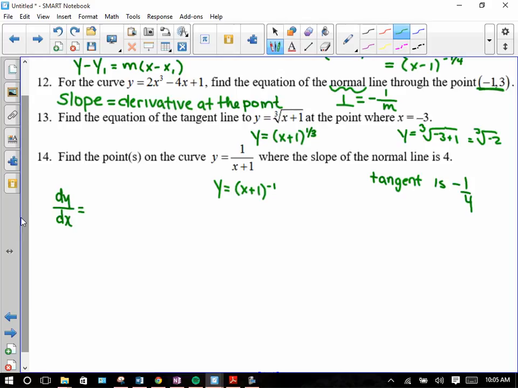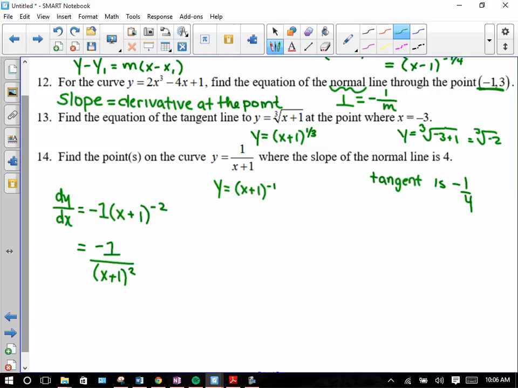What would the derivative be of x plus 1 to the negative first power? Alright, so I'm going to rewrite this now. It makes it easier to figure out. So it's negative 1 over x plus 1 squared.